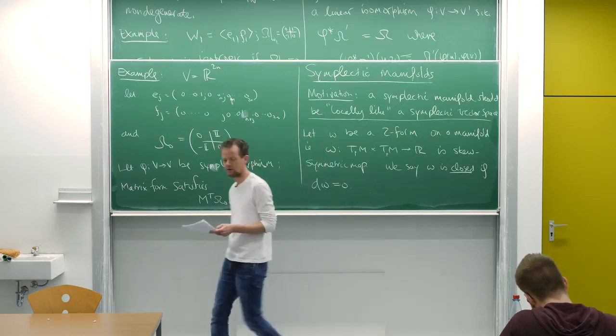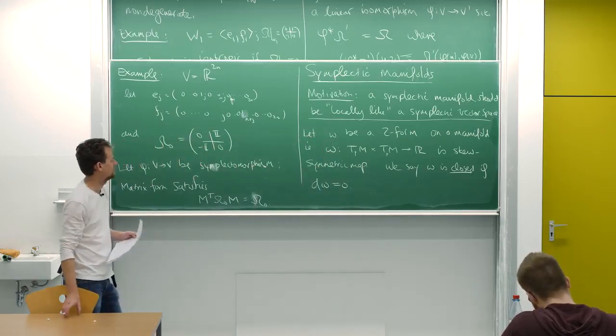We furthermore call this thing closed if, when you take its exterior derivative, you get 0.